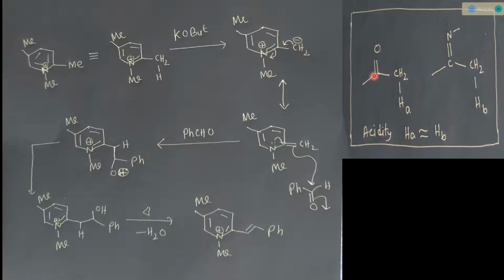Since the keto methyl hydrogens are acidic, a methyl group connected to a C double bond N group will also have acidic hydrogens. Here is a C double bond N with a methyl group, so we can compare it with a keto methyl group.